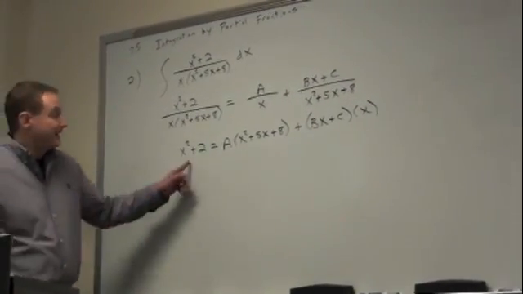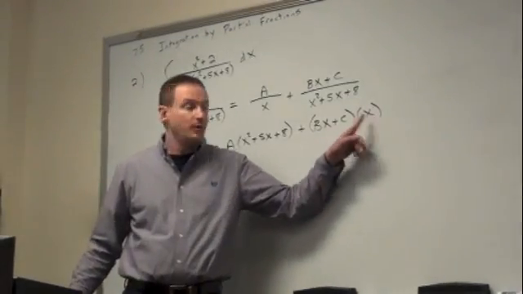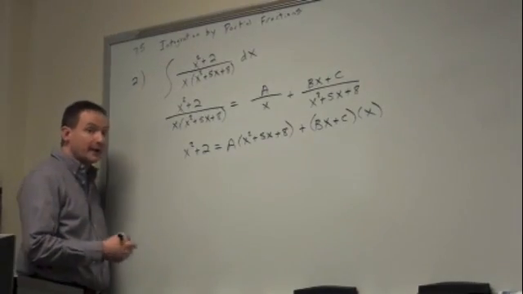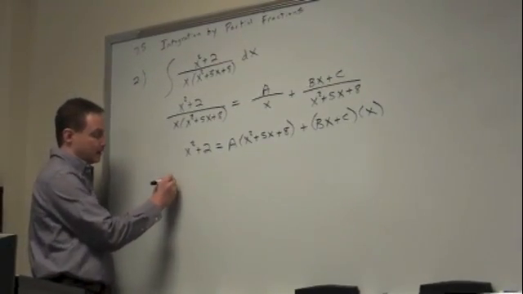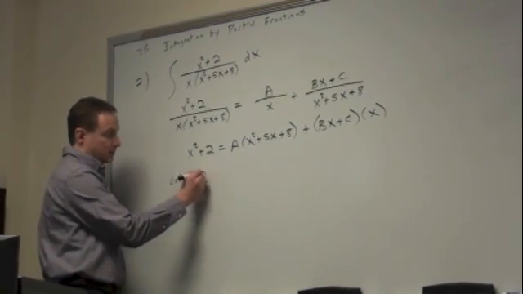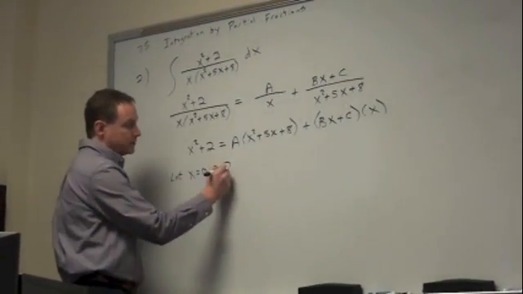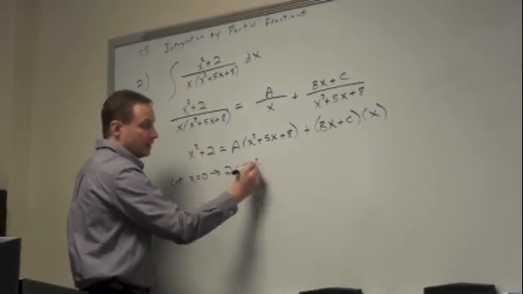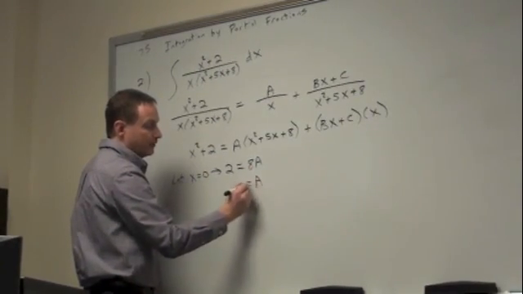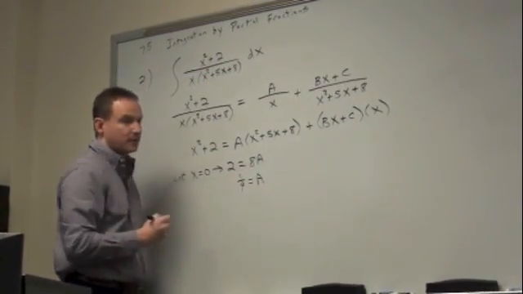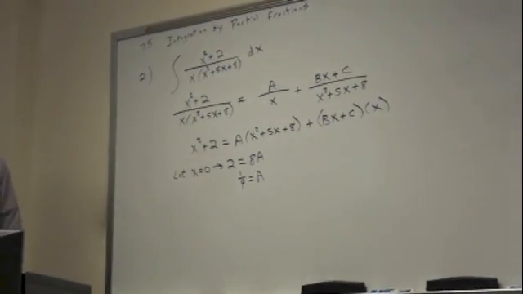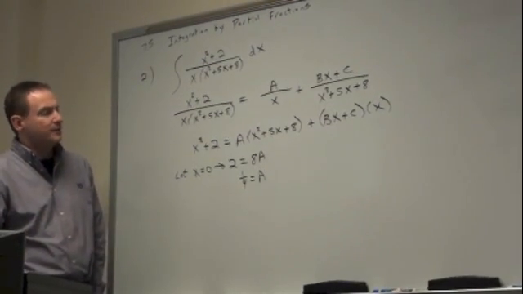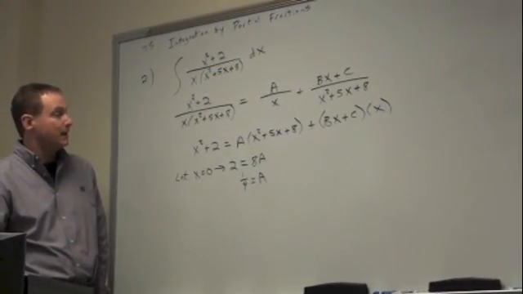Now, if I again let x equal 0, B and C disappear. So letting x equal 0 enables me to solve for A. I'll get 2 is equal to 8 times A, which again gives me A is 1/4. Coincidental, A is not always 1/4. So A is 1/4.